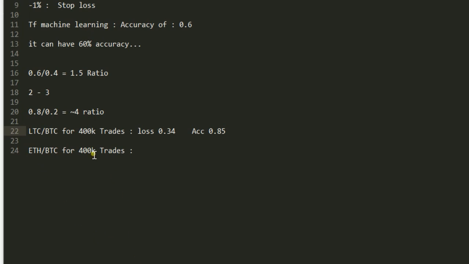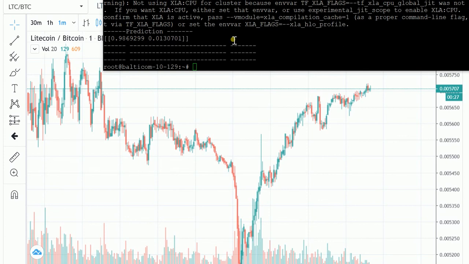Okay, so now let's write it down. I forgot the numbers. 3485. Okay, it only got a little better. So now let's use the same data for our Ethereum.